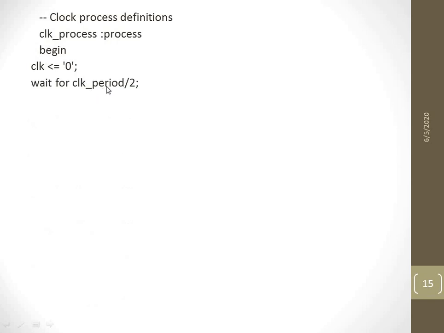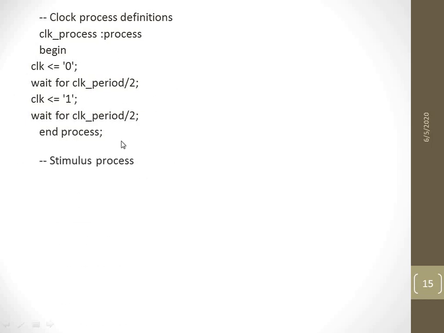That means for half a period, 30 nanoseconds, it will be 0, and after 30 nanoseconds it will be 1. Getting my point? Clock period was initialized to 60 nanoseconds. So for 30 nanoseconds clock is 0, and for the next 30 nanoseconds clock will be 1, and end the process. So since it is a separate process, it will be continuously generated.